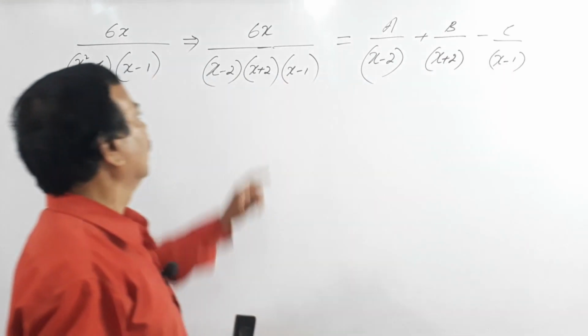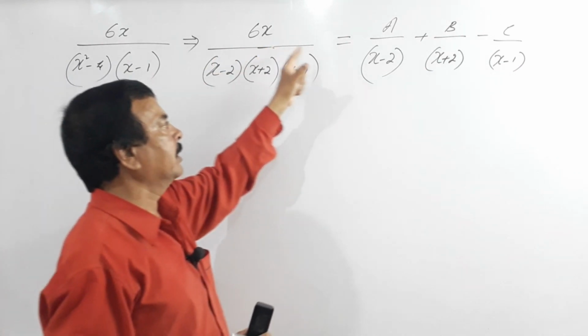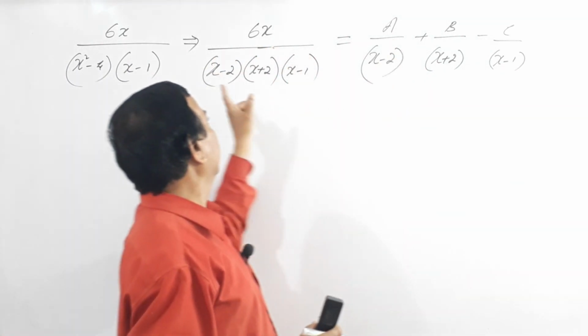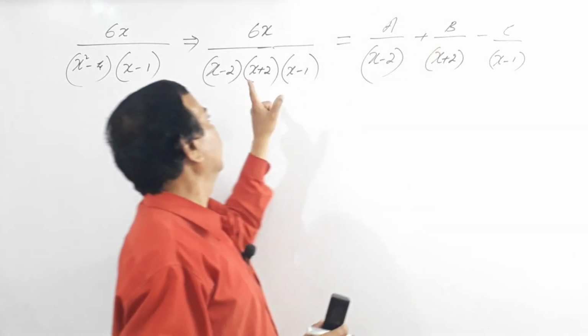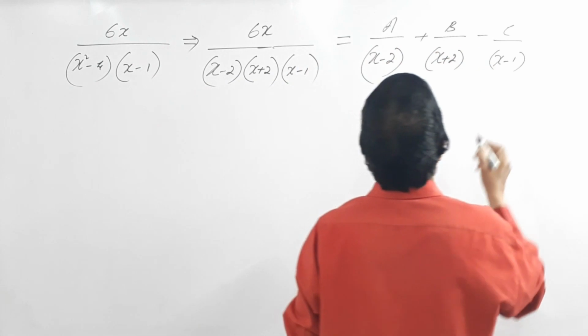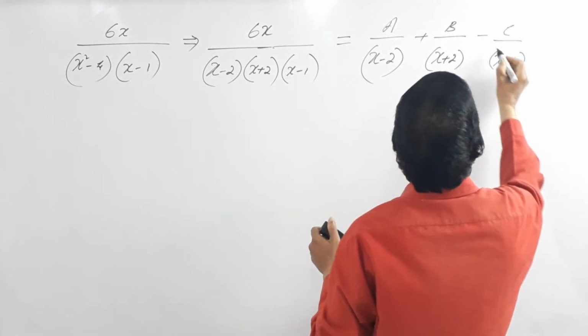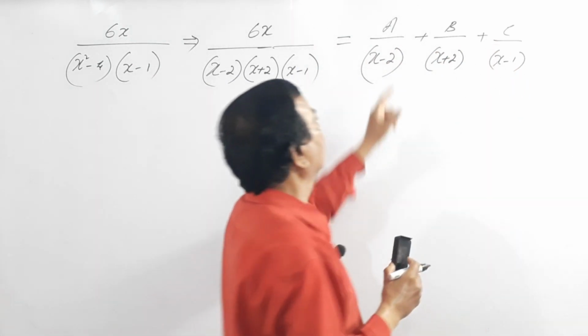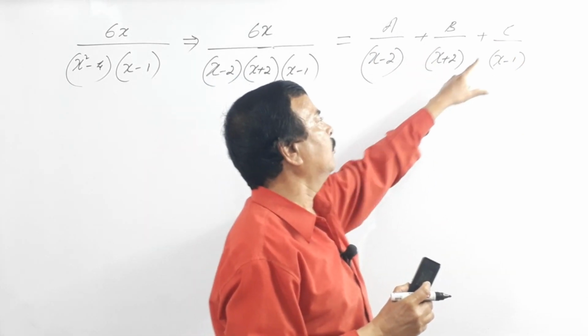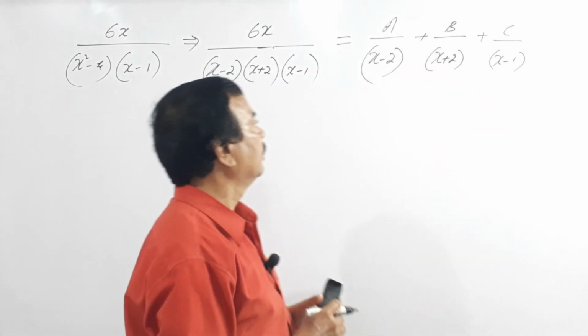So for this 6x on the left hand side, I have introduced constants a by x minus 2, b by x plus 2, plus a by x minus 2 plus b by x plus 2 plus c by x minus 1.